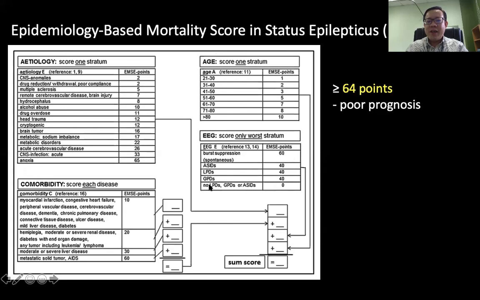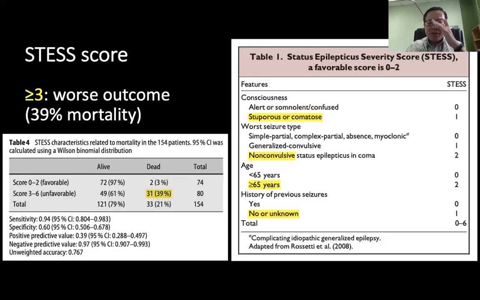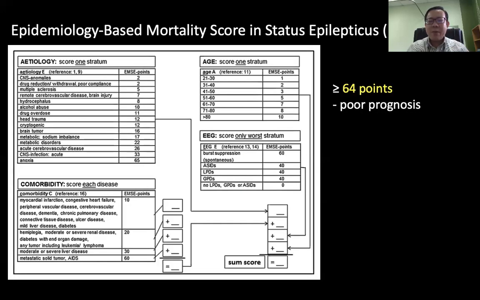No matter which one, they will score 40 points as well. And any points more than 64 indicate a higher mortality rate. So these are the two predictive charts that we can use. We can use a simpler one called STESS, or use a more complex one called EMSE. These are used to predict the mortality of status epilepticus.